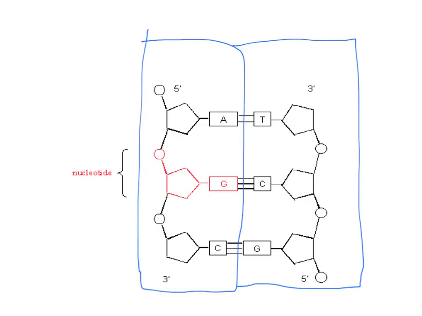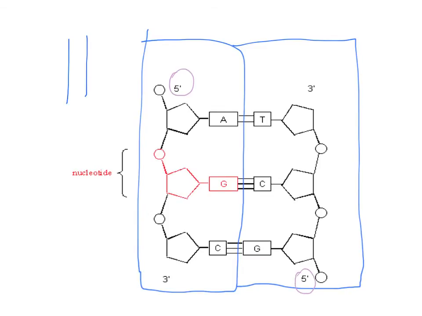You'll notice also that these are parallel, meaning that obviously, or at least I hope it's obvious, that one is next to the other. But they're flipped. You'll notice that with one molecule you have the 5' on one end, and you'll find the 5' on the opposite end of the other molecule.